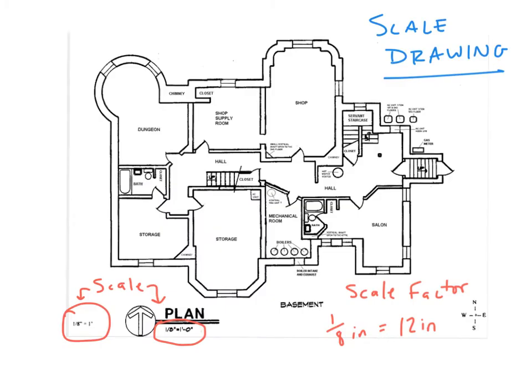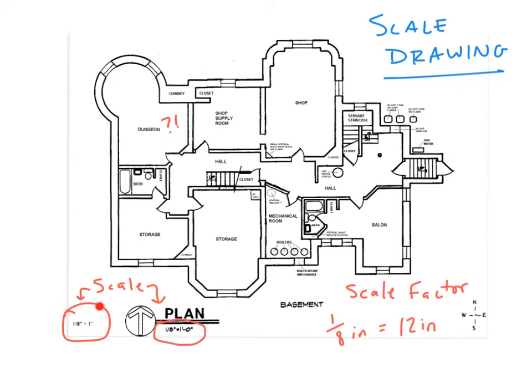So what we have here is a blueprint. This is an example of a scale drawing because this is not the actual size of the building. I'm not exactly sure what type of building this is because it has a dungeon in it. But the reason why I liked this is because down at the bottom left, it shows what the scale is.